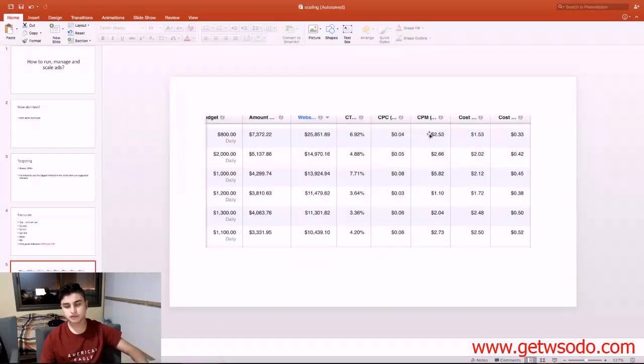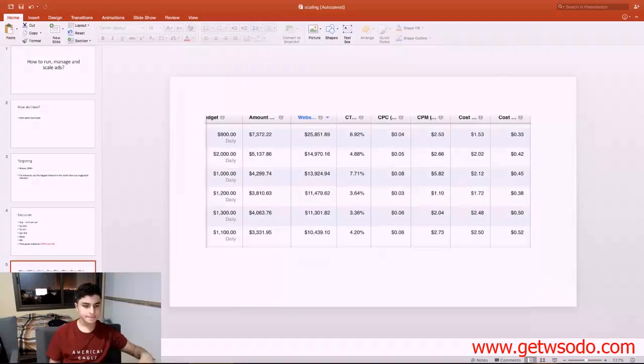Here's the CPM, 2.53, 2.66, $5, $1, $2, almost $3. I think that's the cost per add to cart: $1, almost $2, $2, almost $2, almost $3, almost $3. Here's the cost per view content. All of them are less than 50 cents, less than half a dollar.